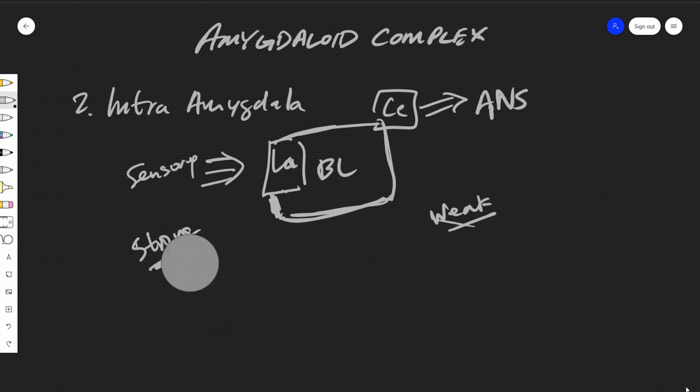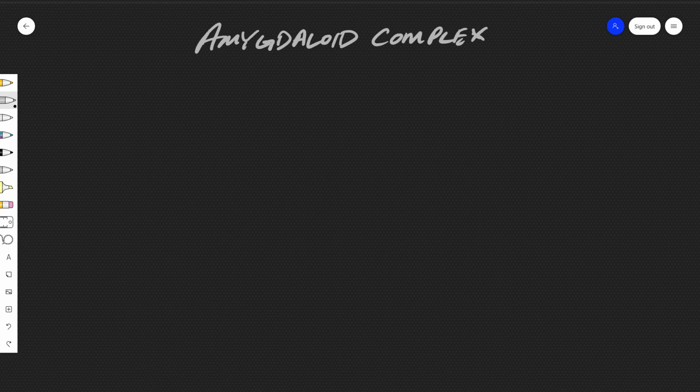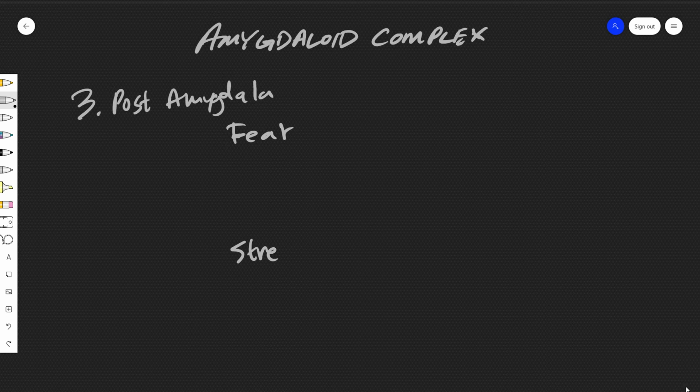All right. And now we just have the post-amygdala processes. So post-amygdala, there's going to be two things that happen. There's going to be a fear response and a stress response.